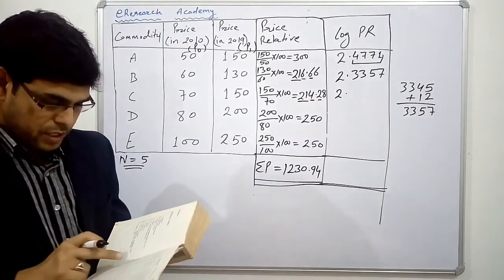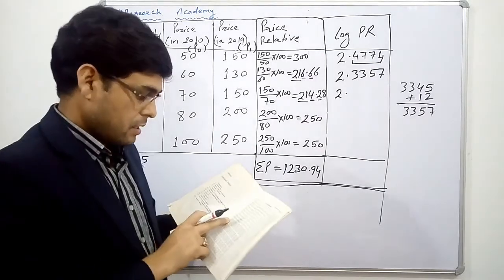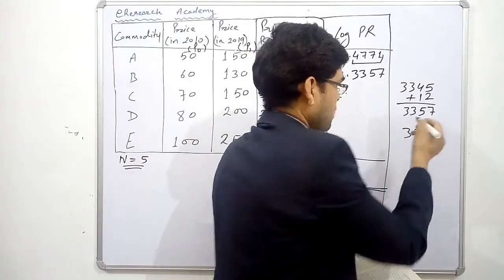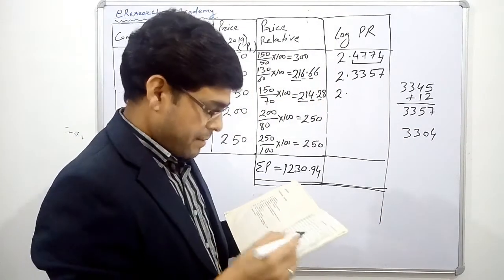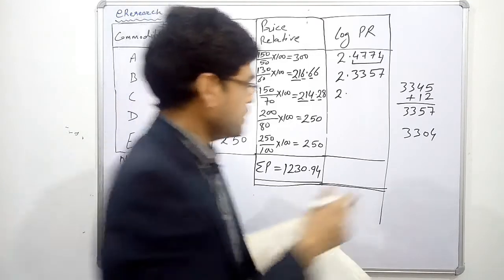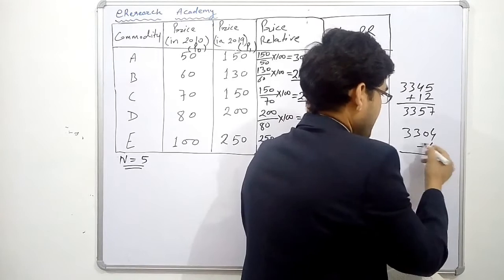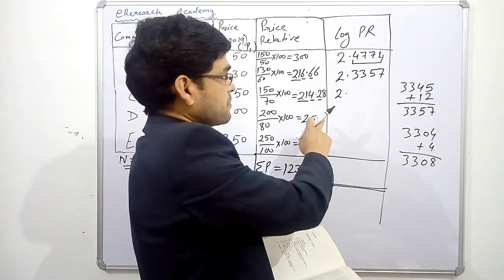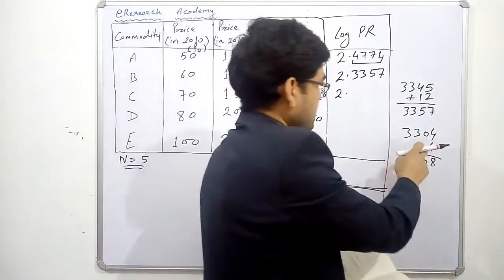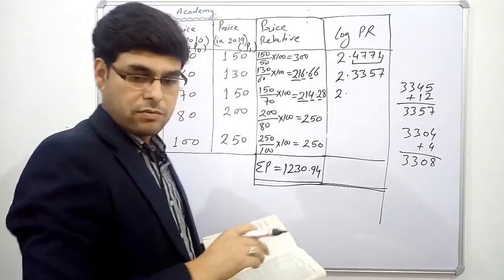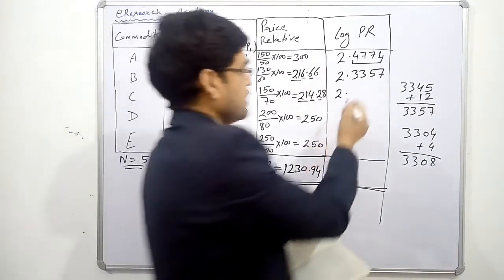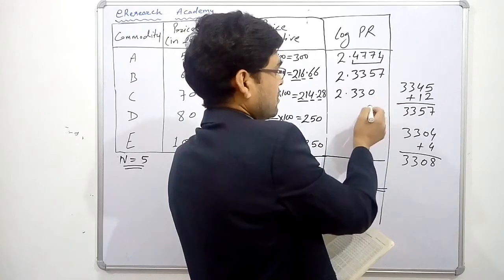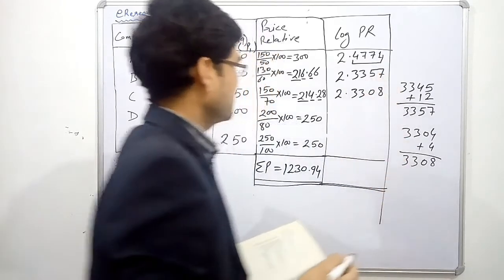The value at 21, column 4 is 3304. Mean difference 2 gives 4. Add it, and this gives you 3308.